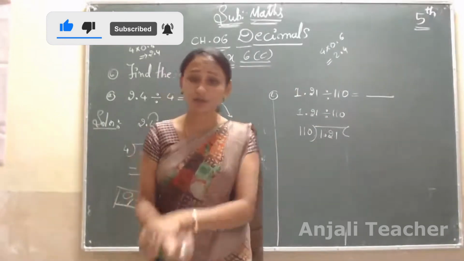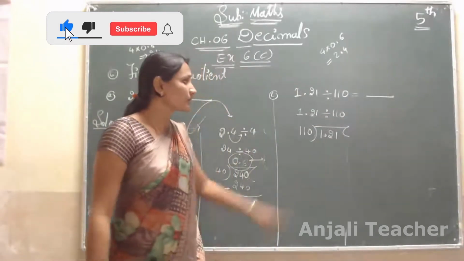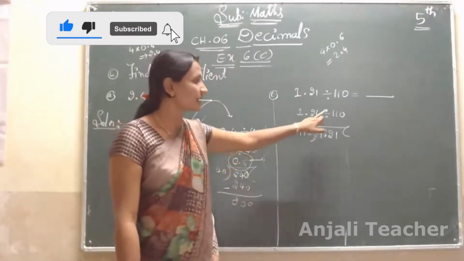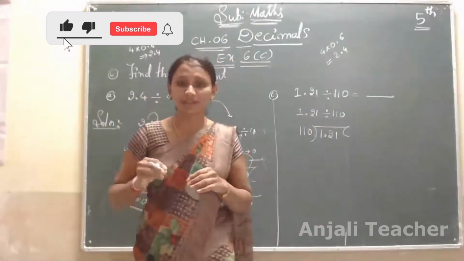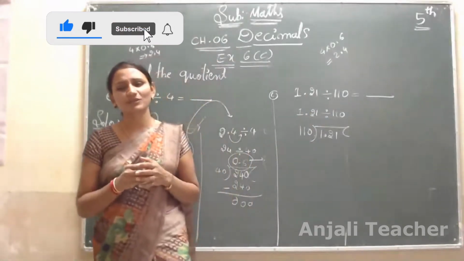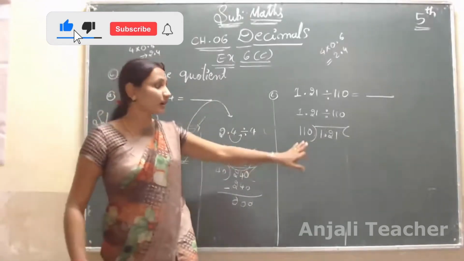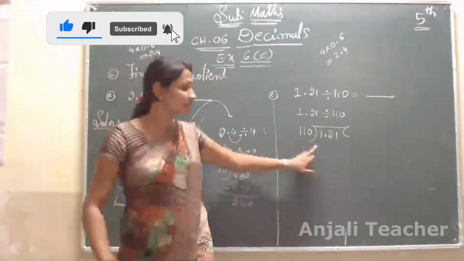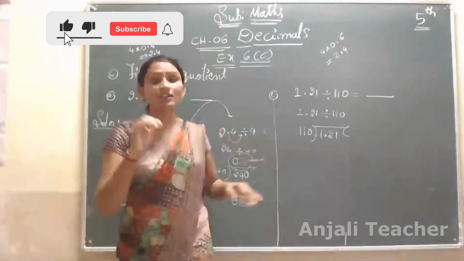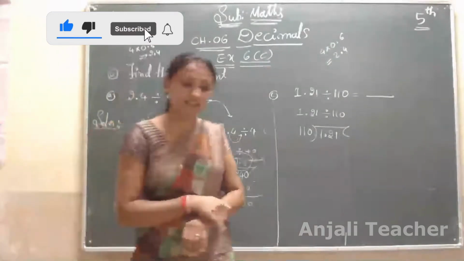Just compare them in rupees: this is 1 rupee 21 paisa, but that is 110 rupees. Students, which value is more? Yes, 110 rupees is more. So 110 is the divisor, and 1.21 is the dividend.